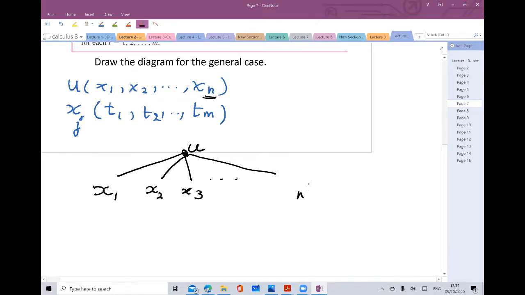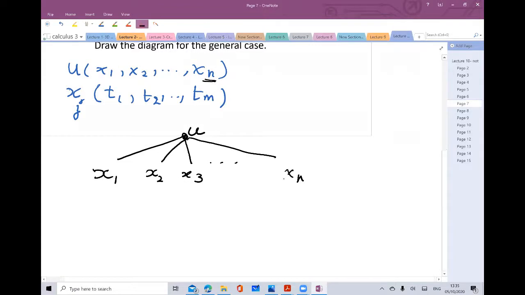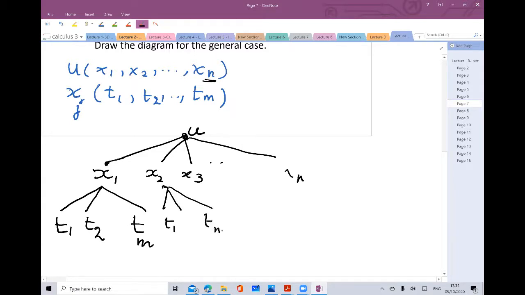Each one of these x's is a function of m variables, so from each one of these nodes I'll end up with m branches. These branches define the independent variables t1, t2, up to tm. Similarly, x2 will have m branches from t1 up to tm.